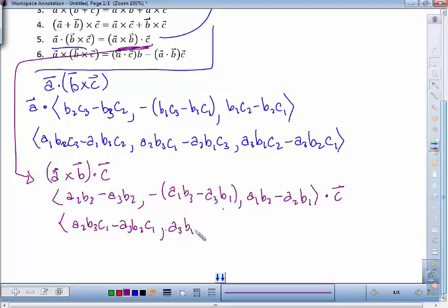A3, B1, C2 minus A1, B3, C2. And then A1, B2, C3 minus A2, B1, C3.